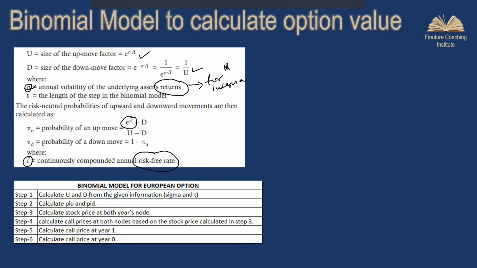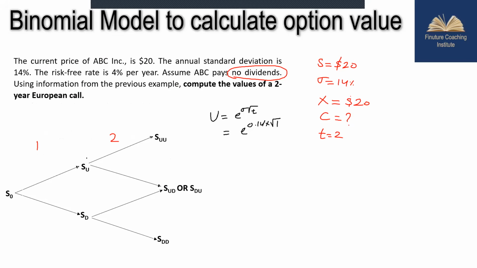T is the length of the steps. It's not really the complete period. When you say 2 years, the length of each step is 1 year. So we'll take T as 1. So let's calculate this and see how much it comes to.